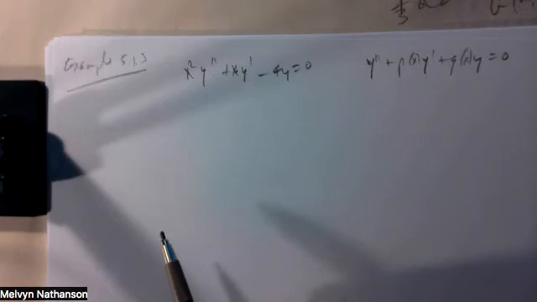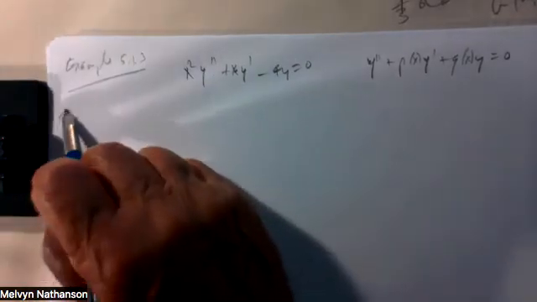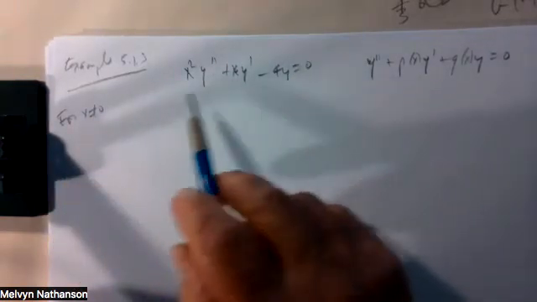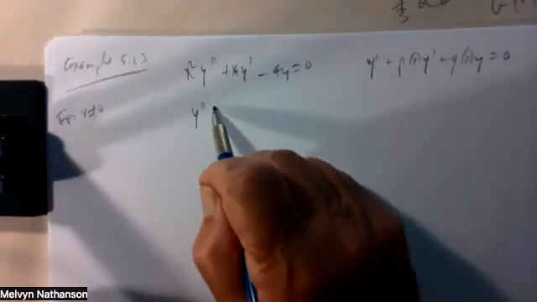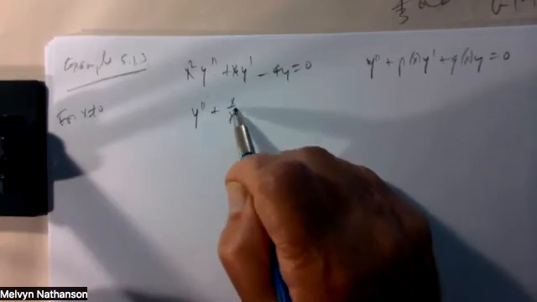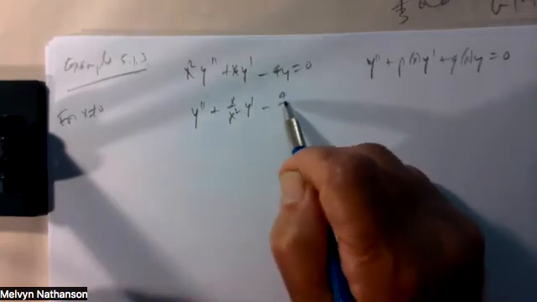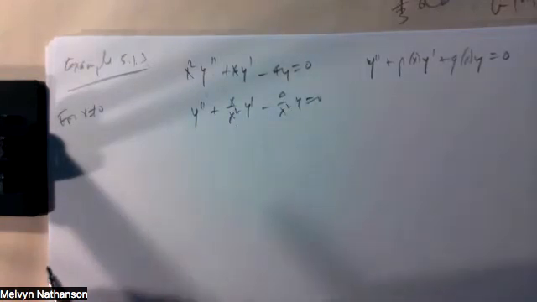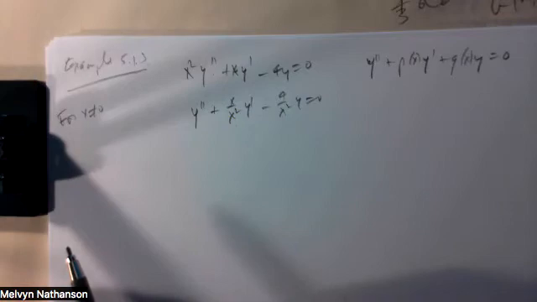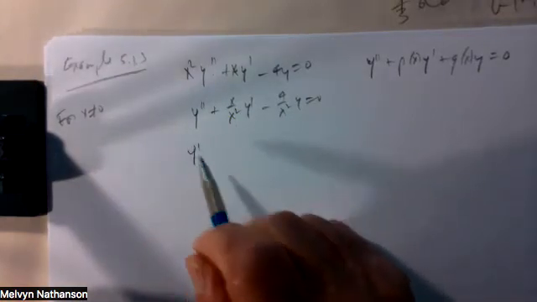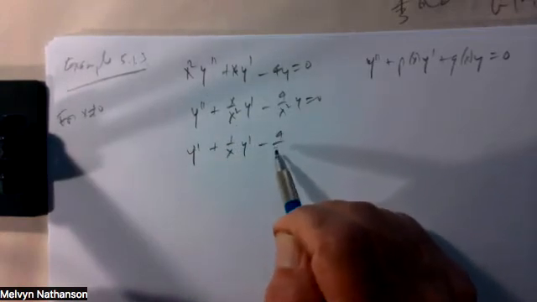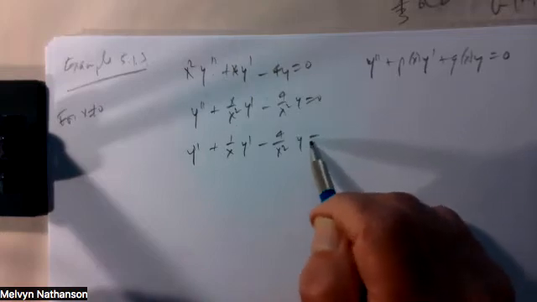But I can divide by x squared if x is different from 0. So for x different from 0, this equation would be the same as y double prime plus x over x squared y prime minus 4 over x squared y equals 0, where x over x squared is 1 over x: y double prime plus 1 over x y prime minus 4 over x squared y equals 0.